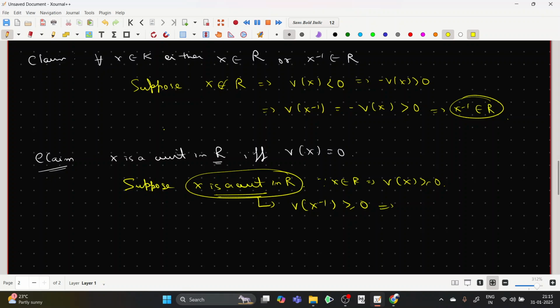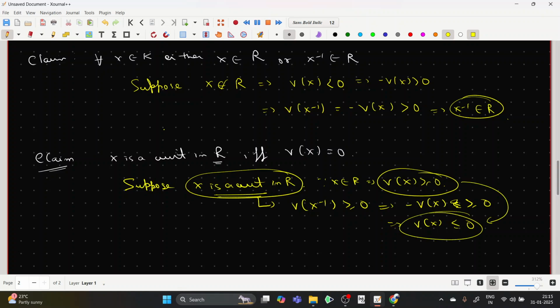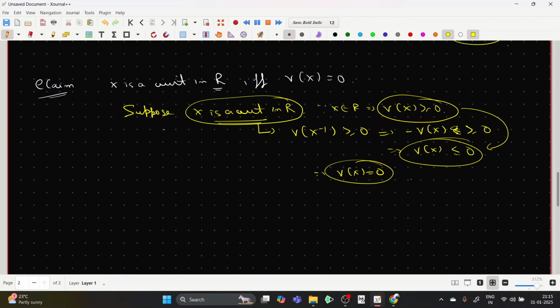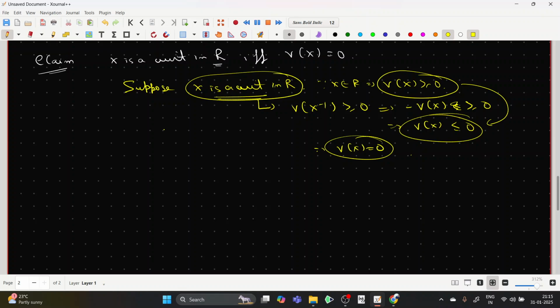This means minus Vx is greater than or equal to 0, which means Vx is less than or equal to 0. So we have an integer which is both greater than or equal to 0 as well as less than or equal to 0. Both of these collectively conclude immediately that its valuation must be exactly equal to 0. Okay, fine.